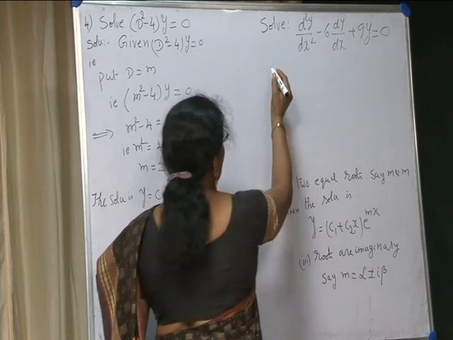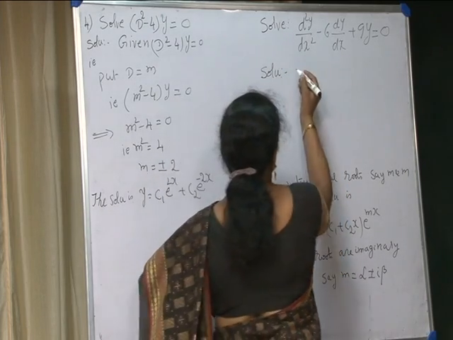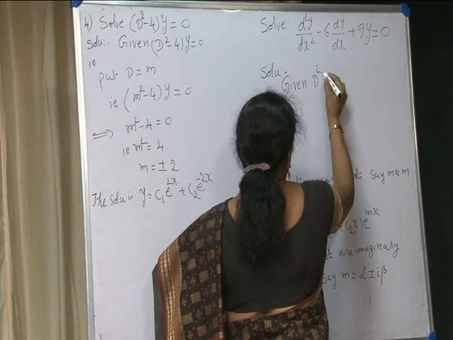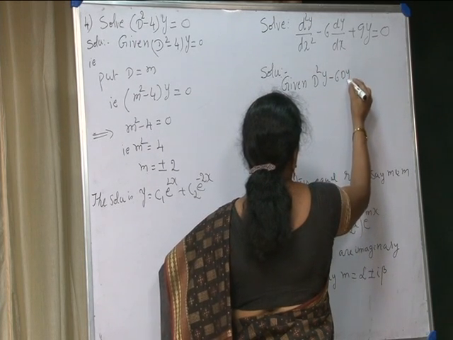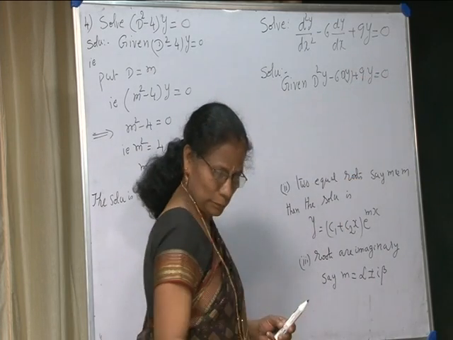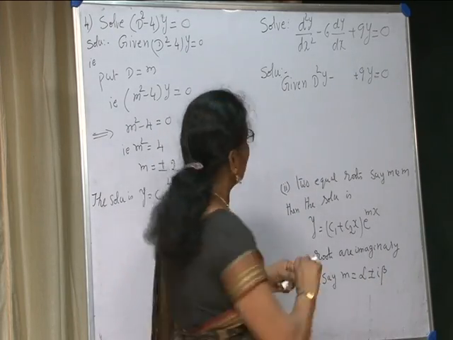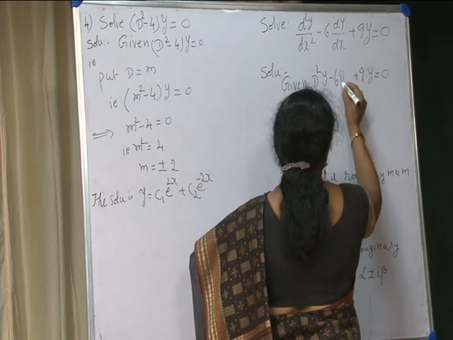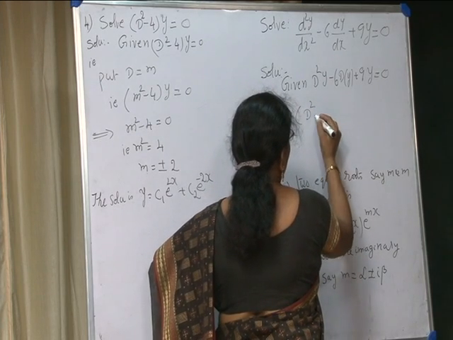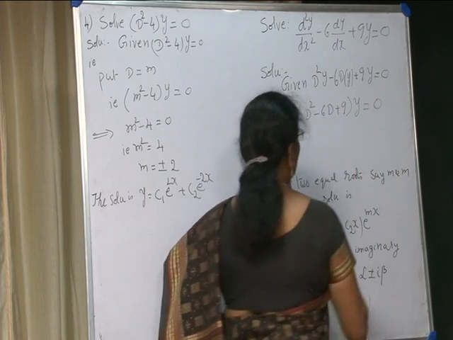Solution: given d squared y minus 6 dy plus 9y is equal to 0, that is d squared minus 6d plus 9 is equal to 0.